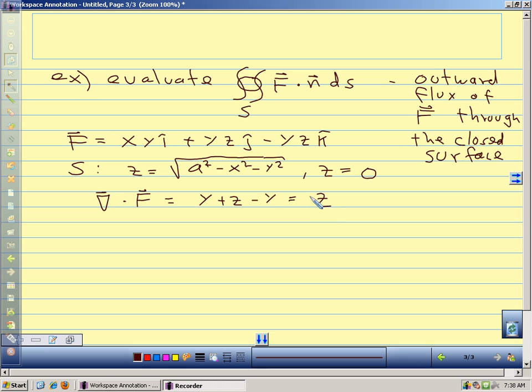And our solid is bounded by S. So we're talking about the upper hemisphere, and our radius is a. So what kind of coordinates do we want to use for our triple integral? Spherical, where we have this region like so. This is a quarter of the region, so we're in the first octant.